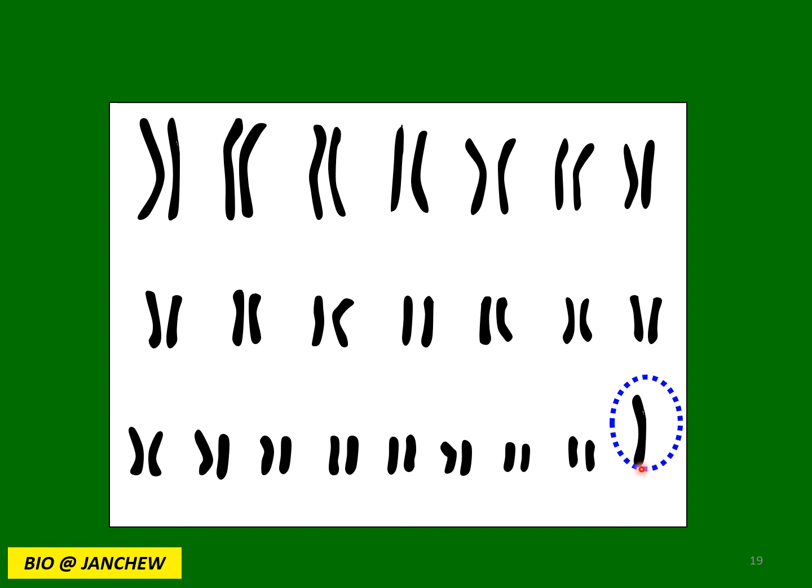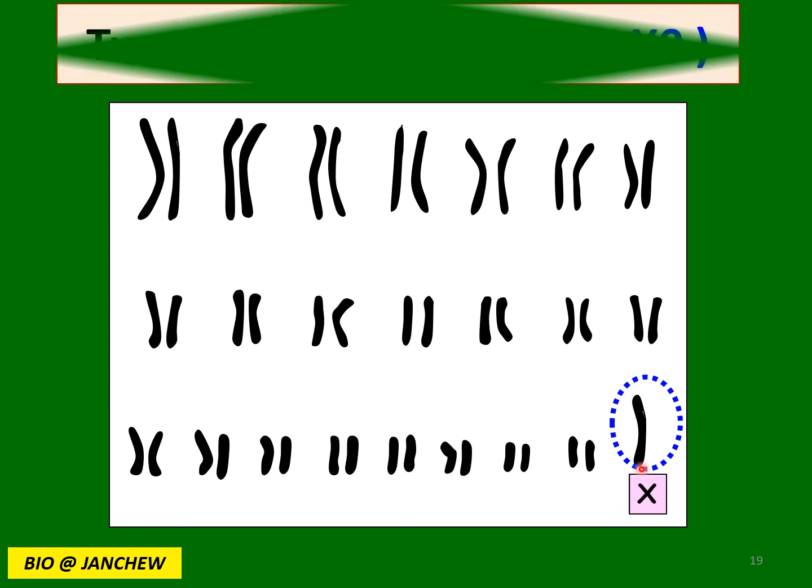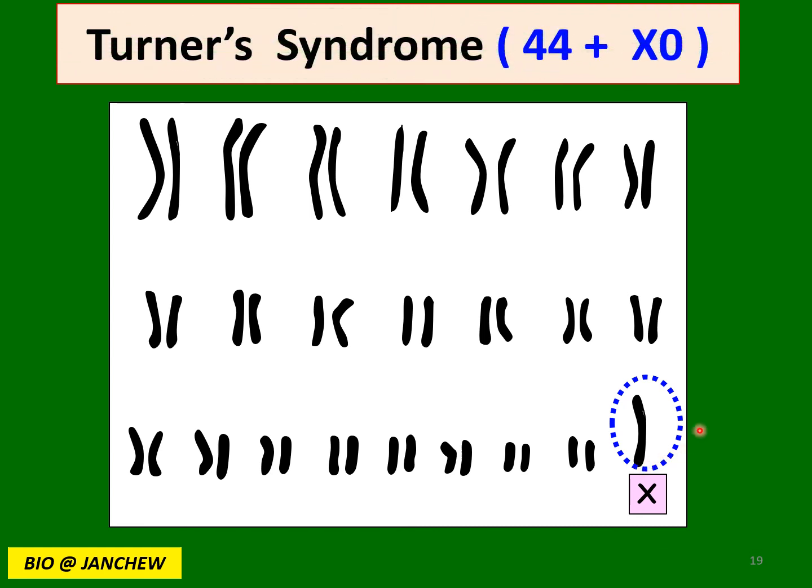So this karyotype is that of an individual with Turner syndrome, where there are 44 autosomes here and one sex chromosome only. So the number of chromosomes is 44 plus XO or X0, meaning that there's one sex chromosome lacking.